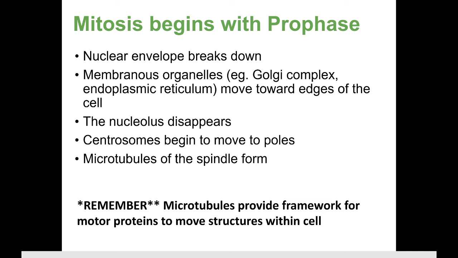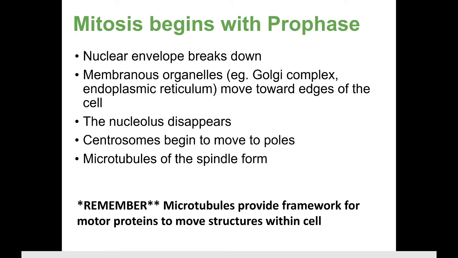If you're confused about poles, think about the North and South Pole, right? They're opposite ends of the Earth. The poles that I'm referring to are the opposite ends of the cell. But these centrosomes create what's called spindle fibers.